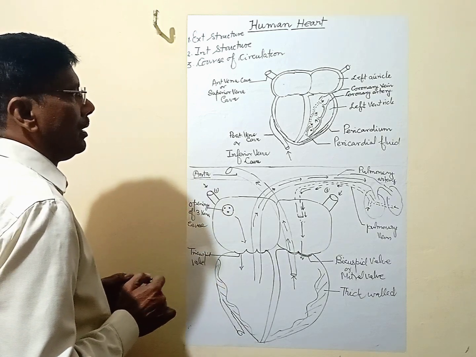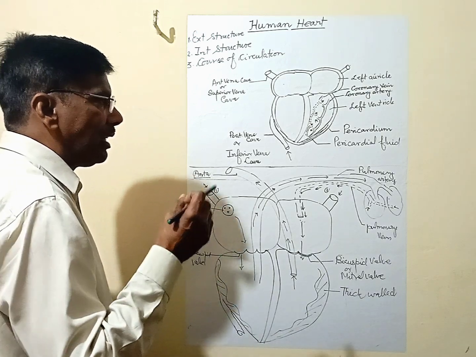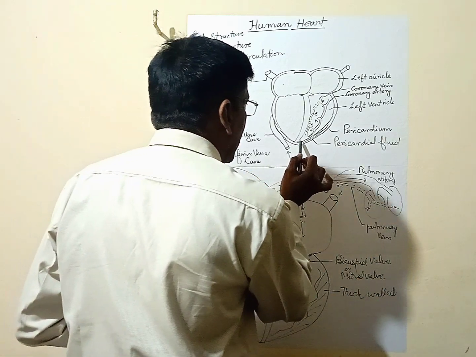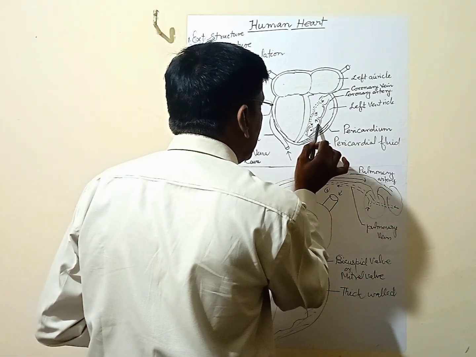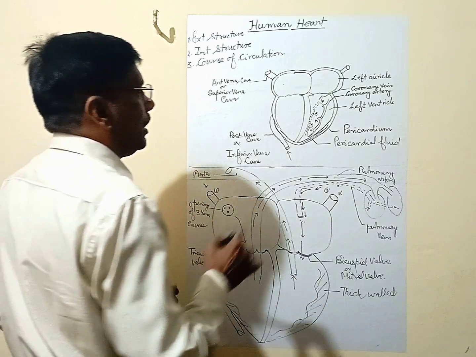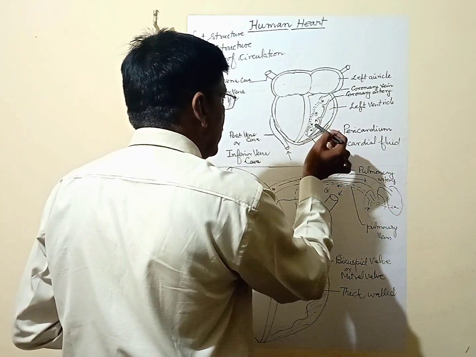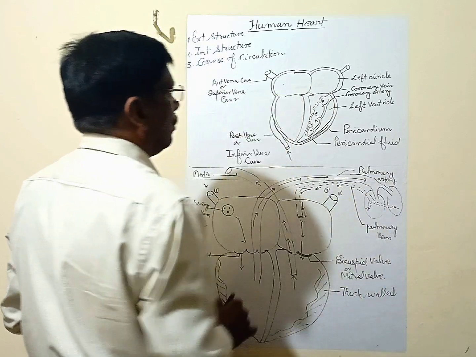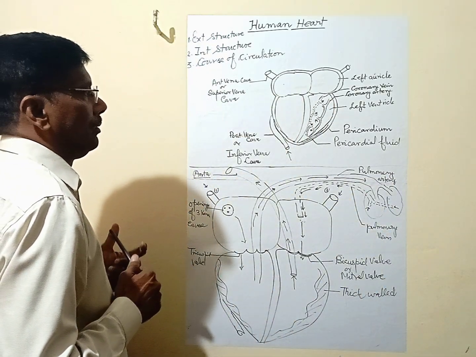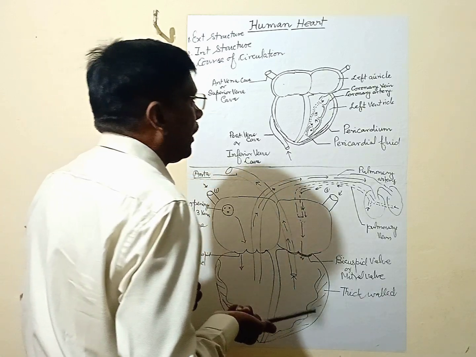Sometimes our blood gets an internal clot. This clot reaches the coronary artery during blood supply. If it is bigger in size, it blocks the supply to the heart. Then the person gets a heart attack.